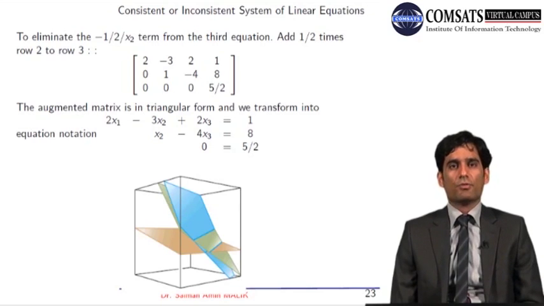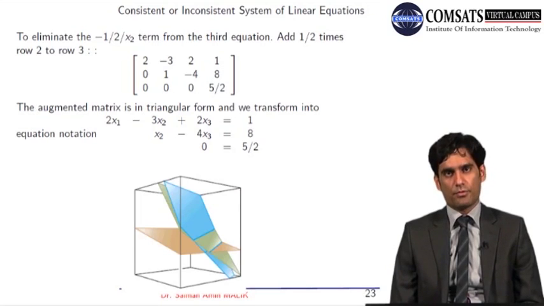It means that our system has no solution, or our system is inconsistent. Remember that we have defined that a system of linear equations is consistent if it has a unique solution or infinitely many solutions. We tried to solve the system of linear equations and we reached 0 equals 5 by 2, which is of course not true.